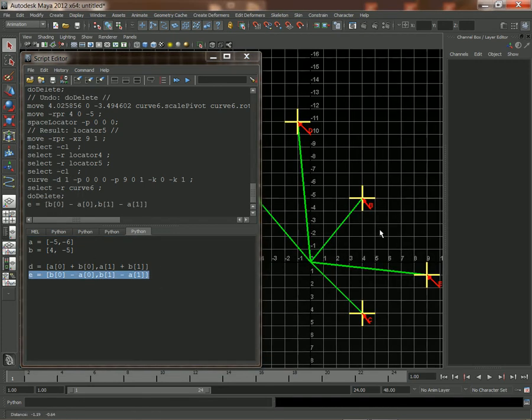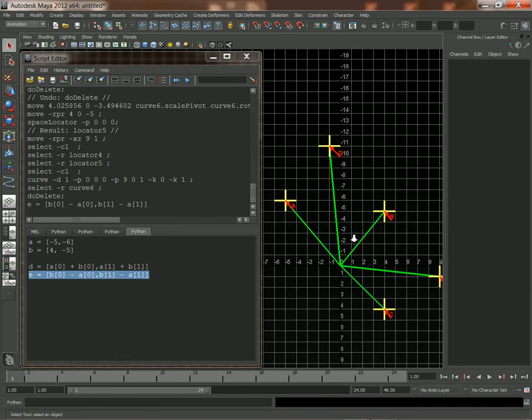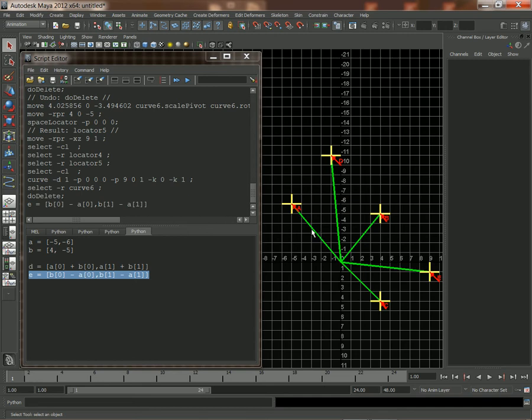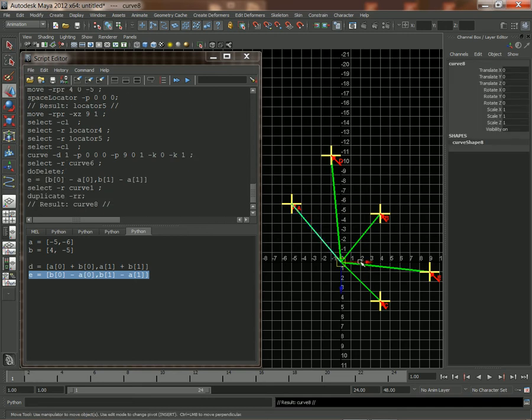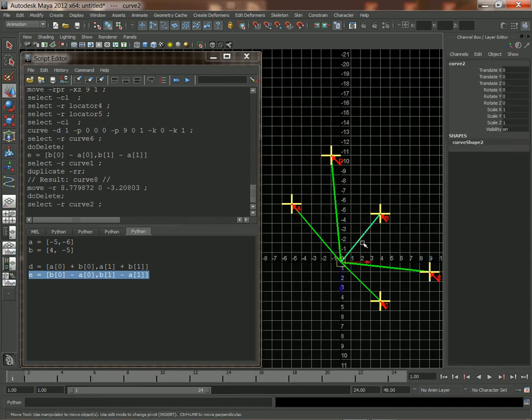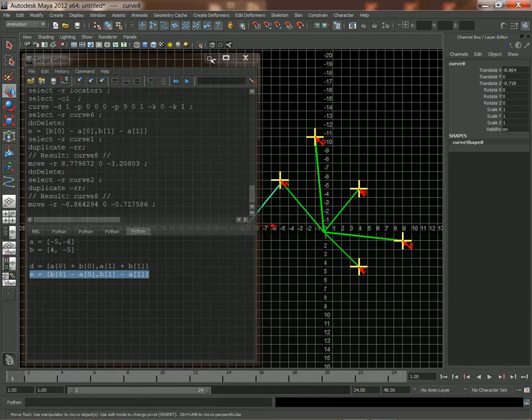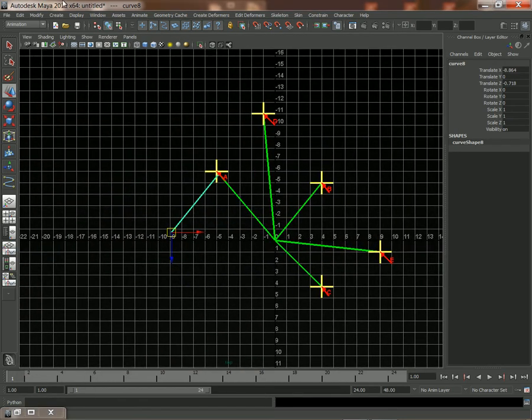Now the order that we do this is very important. And the reason for that is if I subtract A from B, I end up at this point. If I subtract B from A, move this out of the way, I would end at this point over here.